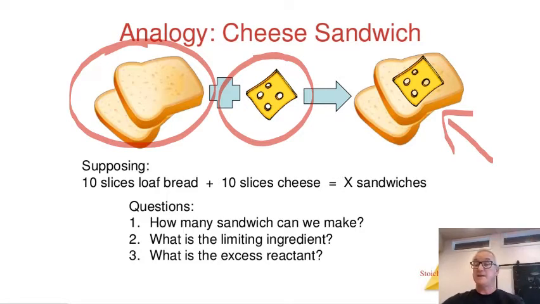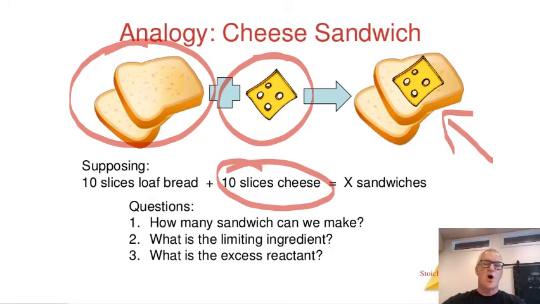But if you had 10 slices of bread and 10 slices of cheese, how many sandwiches could you make? Well, if I converted all my bread to sandwiches, that would be 2 slices each, so that would be 5. That would give me 5 cheese sandwiches.